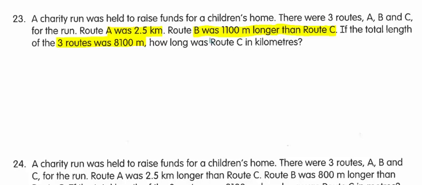So I'm looking for route C, and I'm looking for it in terms of kilometers. Okay, so obviously, like what we always do, change this. 8100 will be 8.1 km. 1100 will be 1.1 km. Okay, now the rest are all in km, so okay, let's start.